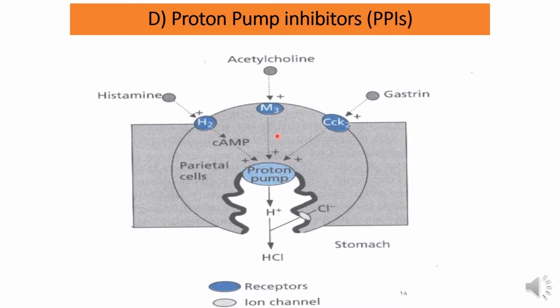This proton pump pumps the protons into the stomach and, by reacting with chloride ions, leads to formation of HCl in the stomach. So the role of proton pump inhibitors is to inhibit these proton pump containing enzymes, which leads to stopping the production of HCl in the stomach.